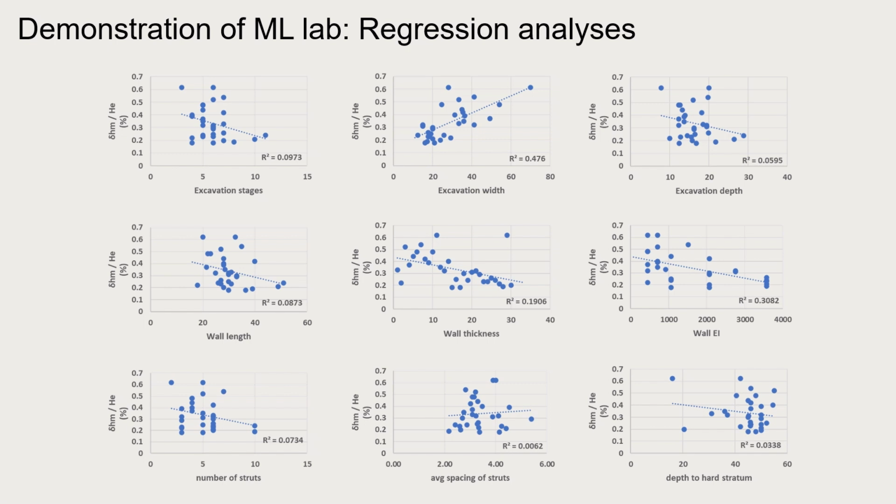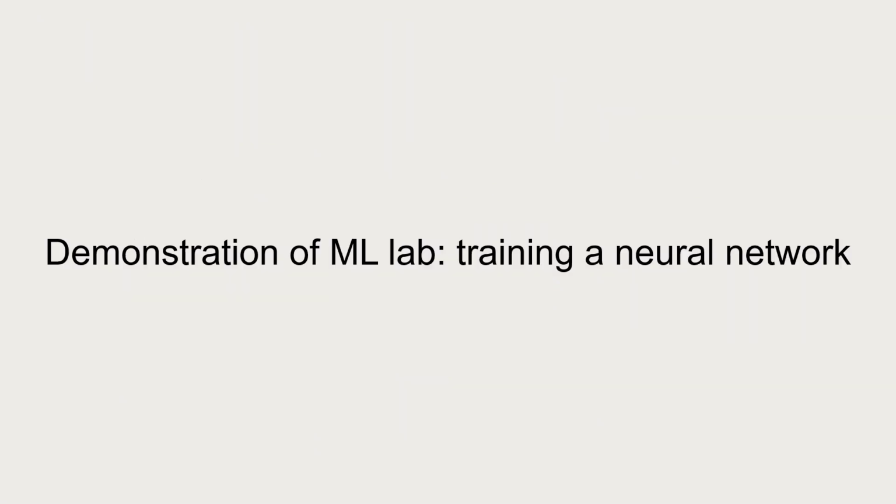However, there are some variables, interestingly, that are positively correlated with the lateral wall movement. For example, the excavation width, and also we can see the average spacing of the struts are positively correlated with the lateral wall movement. Now we can take a look at how to train a neural network for the purpose of predicting the lateral deformation of a wall.